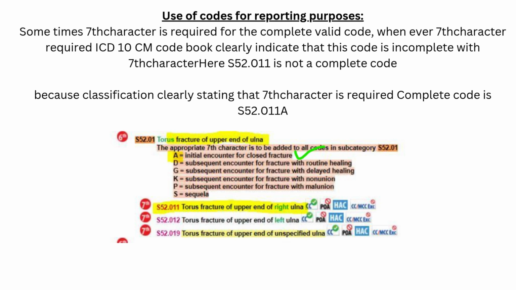A is initial encounter for closed fracture. S52.011 is here; you can see the seventh character is required. That A is the seventh character, so it is the fully complete code for this condition.